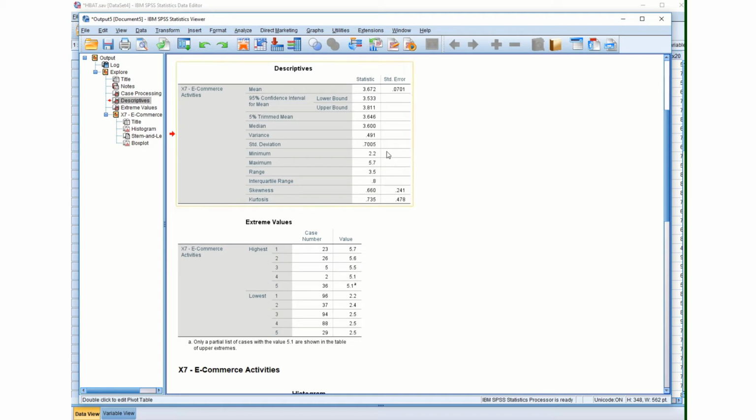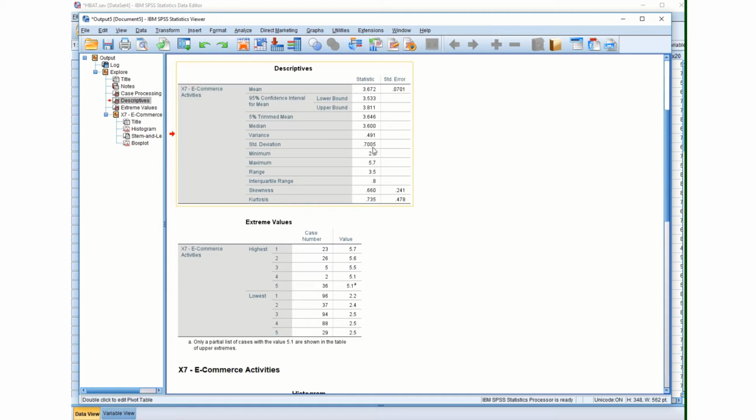Now, if we want to be within 2.5 deviations, then we can multiply 0.7005 by 2.5. If we do that, we'll do 2.5 times 0.7005, and we roughly get 1.75.